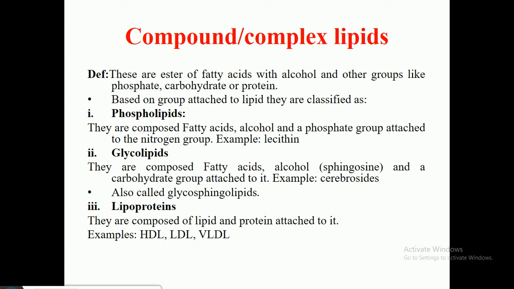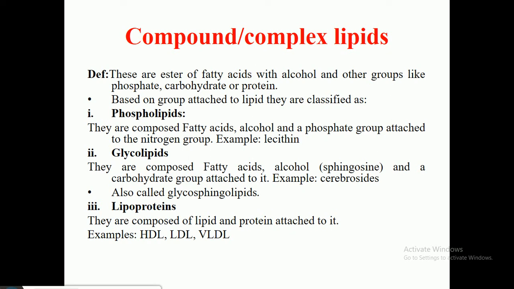So in real sense, phospholipid is that complex lipid in which the lipid is directly attached to the phosphate group, along with other essential compounds like fatty acids, alcohol, and the phosphate group attached to the nitrogen group, for example lecithins.